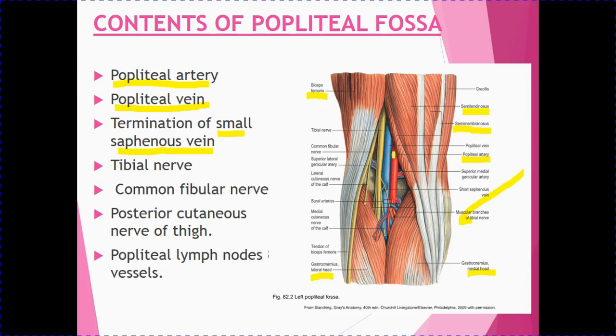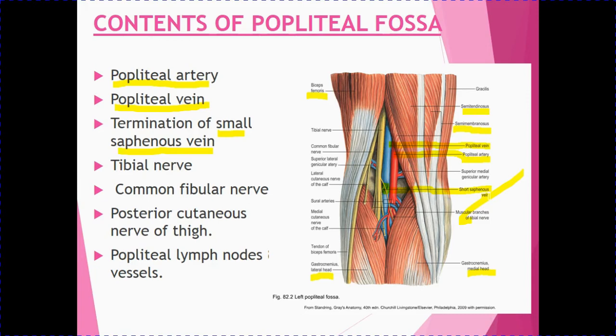This is the popliteal artery. Then you have the popliteal vein. Then you have over here the termination of the small saphenous vein. This is the opening of the small saphenous vein into the popliteal vein. The small saphenous vein opens into the popliteal vein and drains its blood into it.